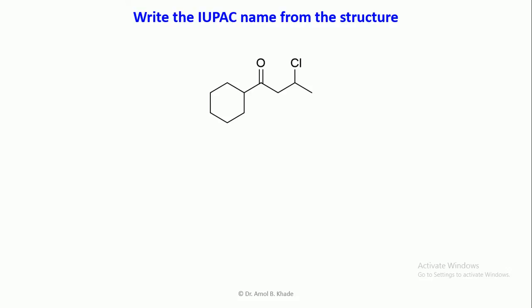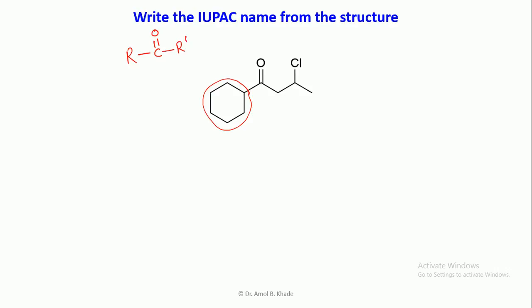Now let's try this structure. It is a cyclohexane, and then there is a keto functionality and there is a halogen atom. Okay, so in such case you should remember this will be considered as R. Okay, how it can be represented, it will be like this.